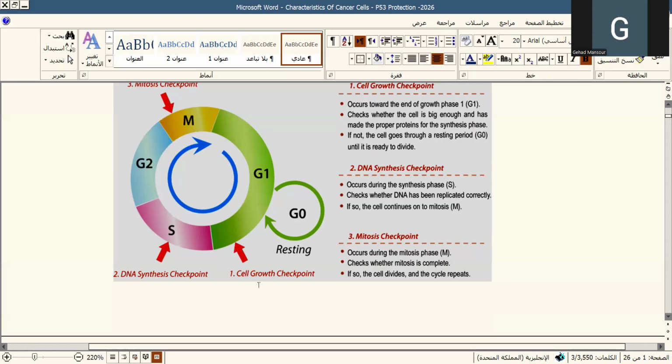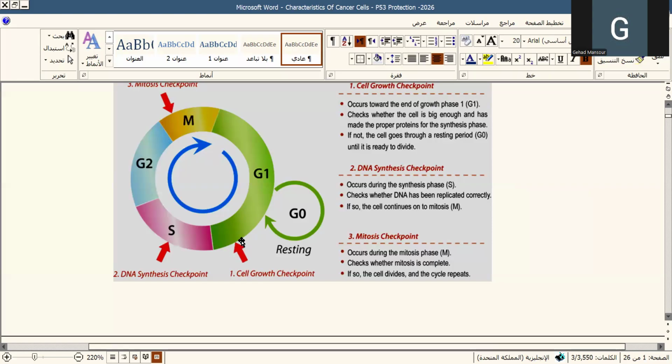So during this G1 checkpoint, the cell is checking whether its size is adequate, whether it has all the proper proteins that are needed for the next phase, which is the S phase.